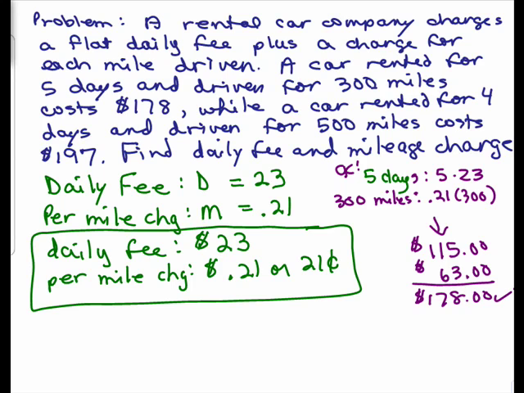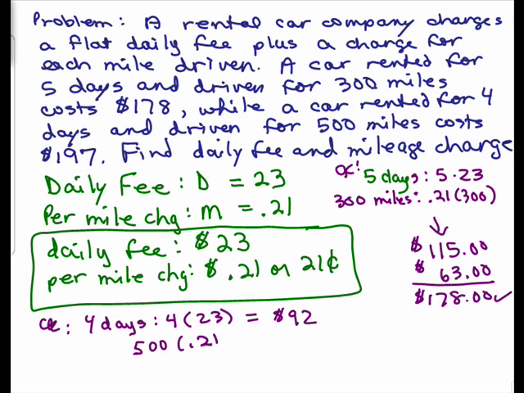Okay, let's check the other one. Let's say you did it for 4 days. 4 times your 23 is going to be $92 for your 4 days. That's your daily fee. And then you're driving 500 miles times 21 cents.